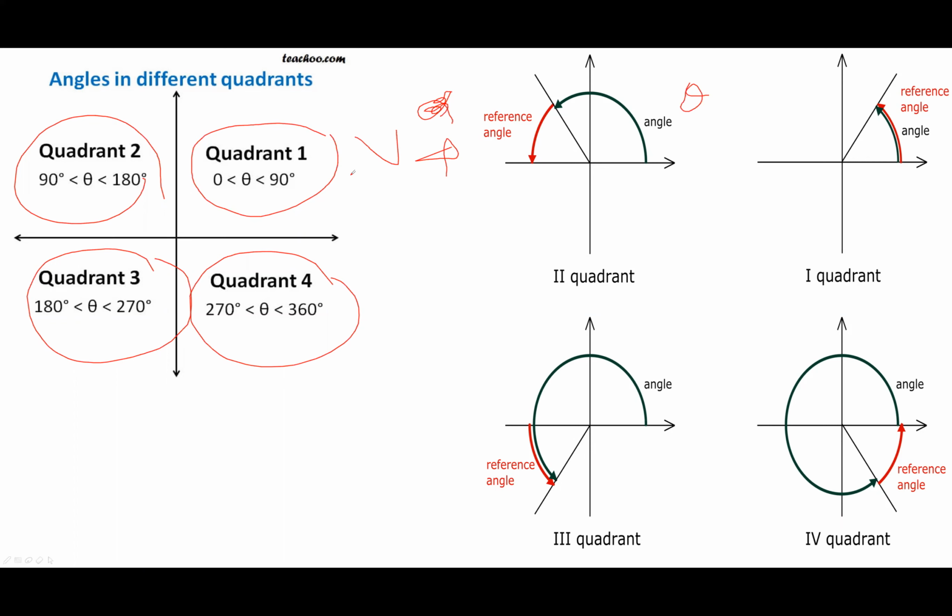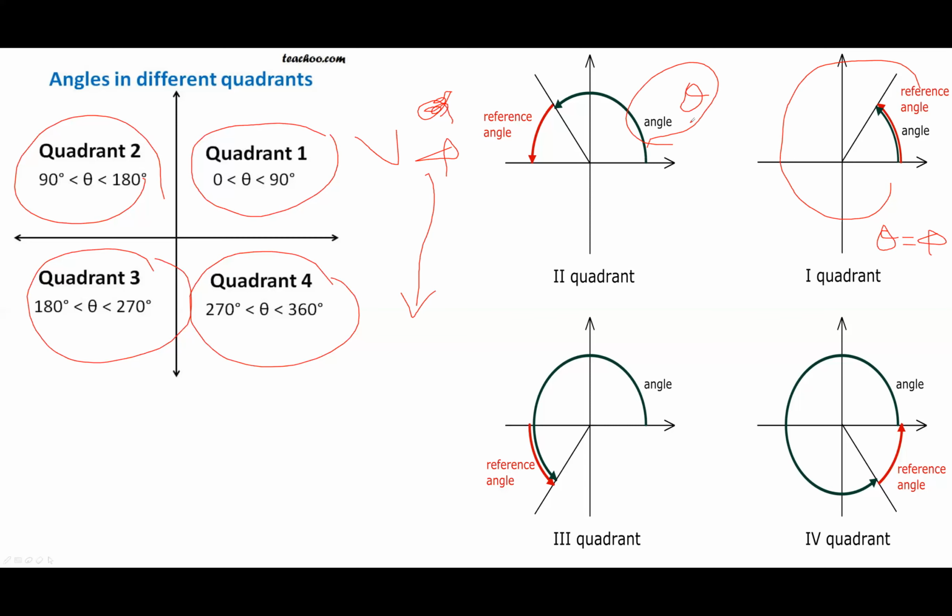So in the first quadrant, if you look at this diagram, theta is equal to pi or psi. Both are equal because this is the angle which we call the reference angle. It is with respect to the nearest x-axis, and this is with respect to the positive x-axis.